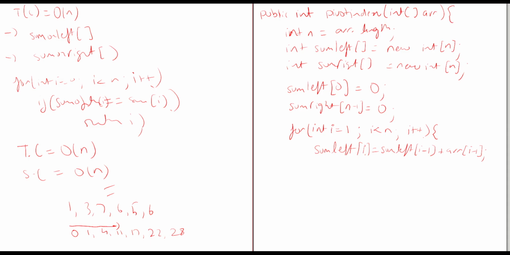And sum on right will be 0, 6, 11, 11 plus 6 will be 17, 17 plus 7 24, then 24 plus 27, 27 plus 1 28. Okay, so this is our sum right array and this is our sum left array.